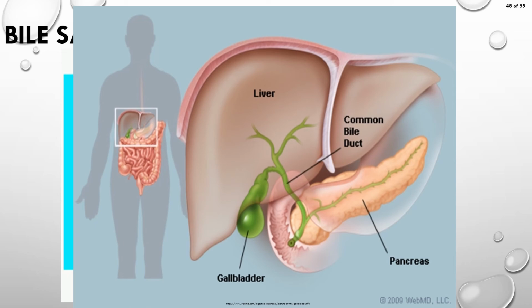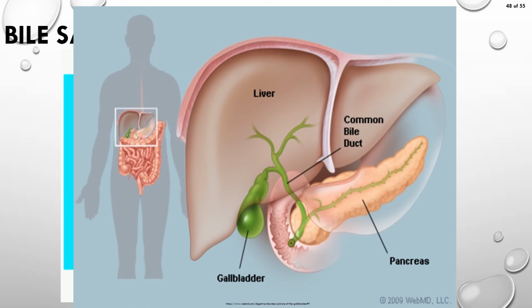So after we eat, for example pork, beef, butter, and so on, of course these fats are present in our digestive tract. What happens is our hormones will send a signal to our gallbladder to release bile. The bile is released into the first part of our small intestine called the duodenum.